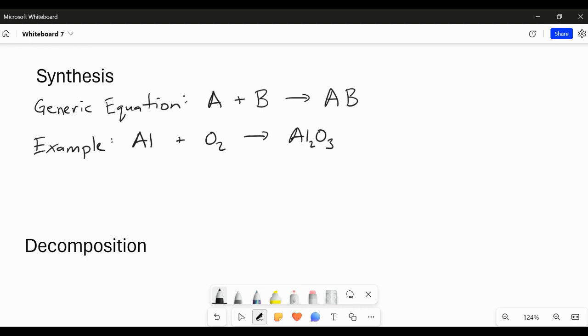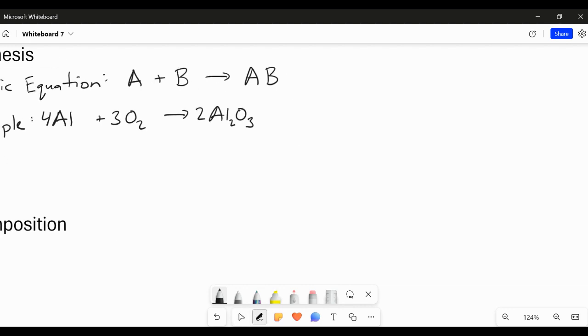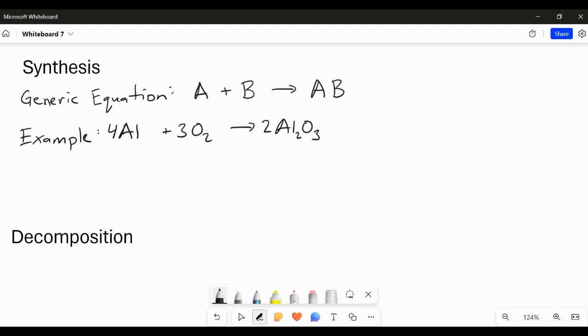Let's balance this for the sake of correctness: 4 Al plus 3 O2 becomes 2 Al2O3. So you can see that we have two different reactants, aluminum and oxygen, and following the reaction, they combine into one new compound.